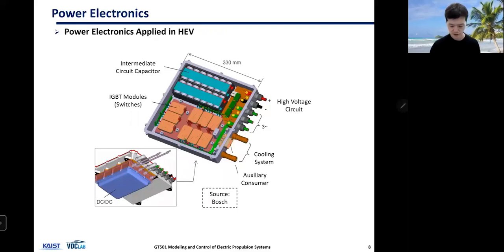So, if you want to take a look at how power electronics actually look physically, if you open up a converter, it looks something like this.